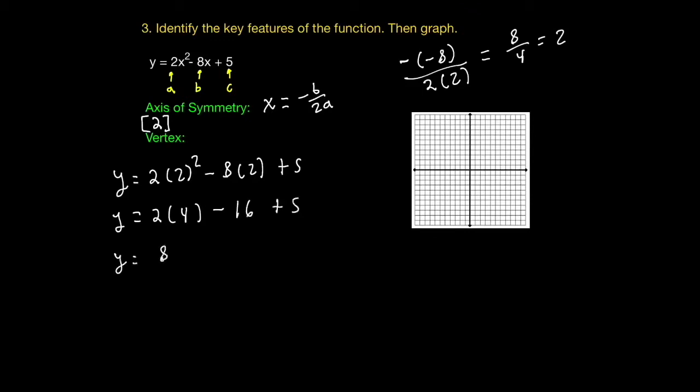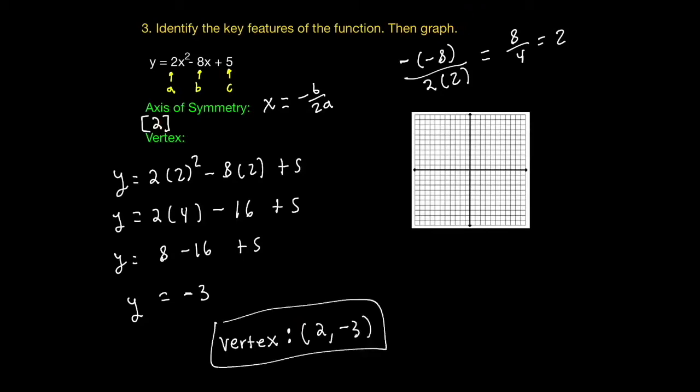So y equals 8 minus 16 plus 5. 8 minus 16 is -8, and if we add 5, we get -3. So the vertex will be the axis of symmetry, which is 2, along with what we just solved for y, -3.